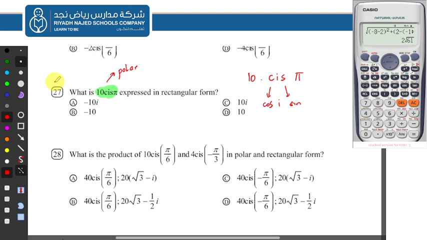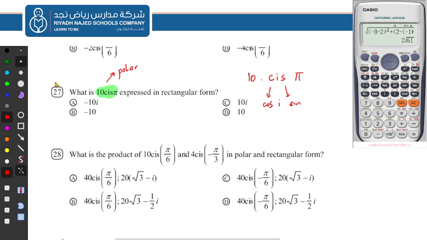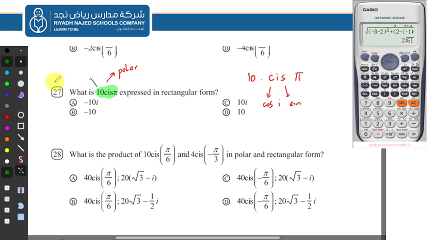Now, what's important here is these two numbers, 10 and pi. 10 is the modulus, but we use the letter R for it. It's similar to the radius.